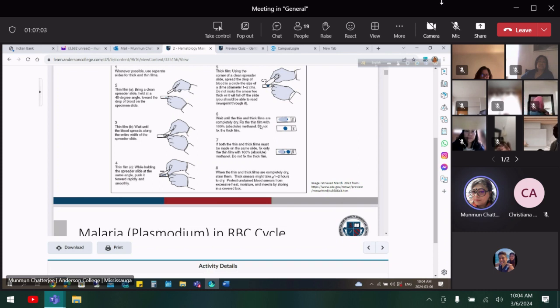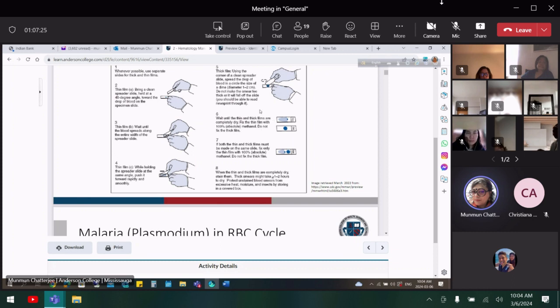Fix the thin film with 100% absolute methanol. Do not fix the thick film. Only the thin film you are going to fix. We are not going to do it in the lab here. You just have to know it for exam purposes. Even the slide you probably are not going to make in the lab, and if it is in the lab, they are going to tell you how to do that.